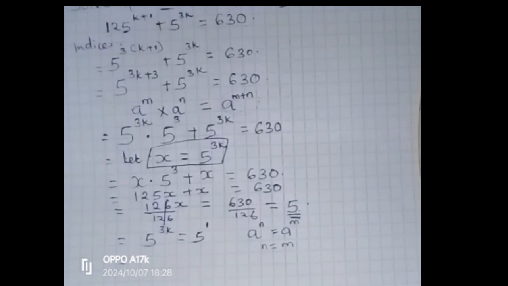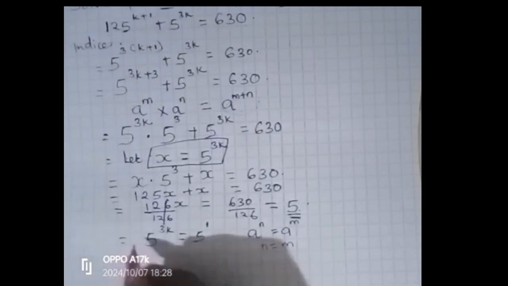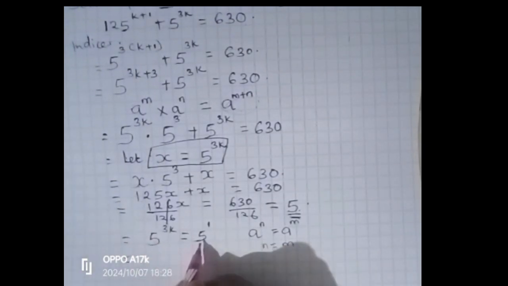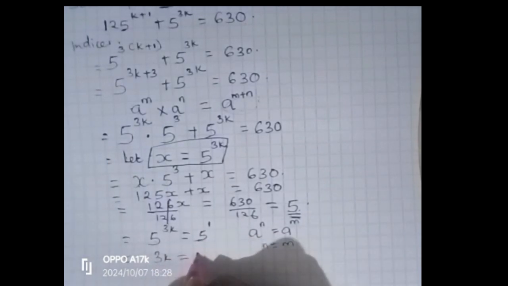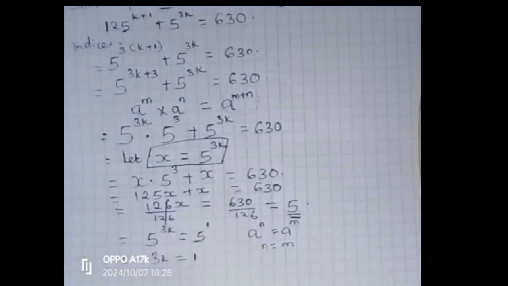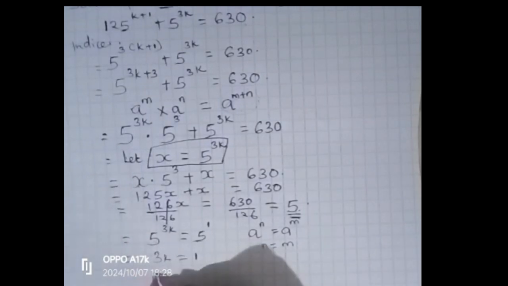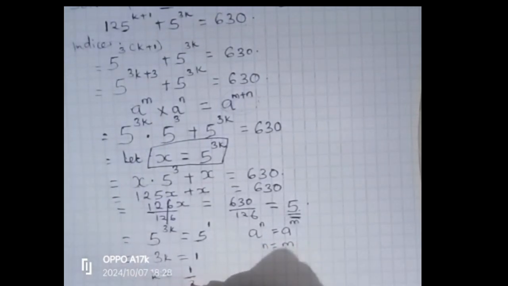Since the 5s are the same, 3k will be equal to 1. Now k will be equal to, dividing both sides by 3, 1 over 3.